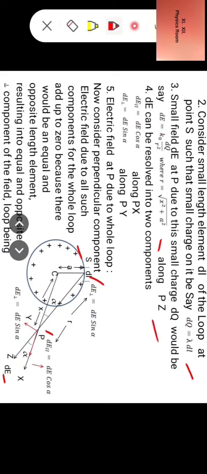Now fourth point, dE can be resolved into two components: dE parallel equal to dE cos alpha along PX, and dE perpendicular equal to dE sin alpha along PY. Here this is PX direction, this is PY direction, so you can mark the directions also.